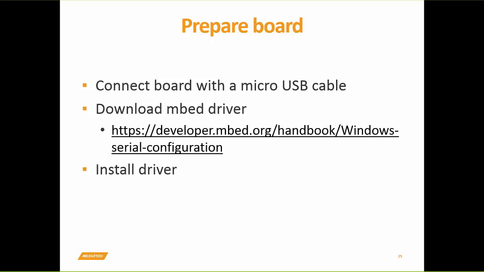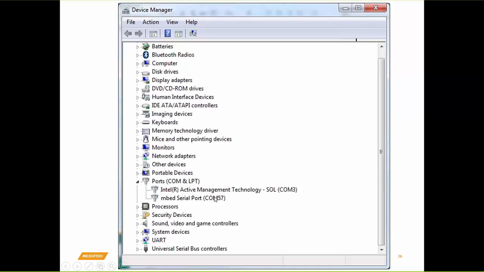It's an embed driver. Once you install the driver, in your device manager you should see a new port, which is the embed 0 port, and this is our board. So that's all you need to do to make the board ready.